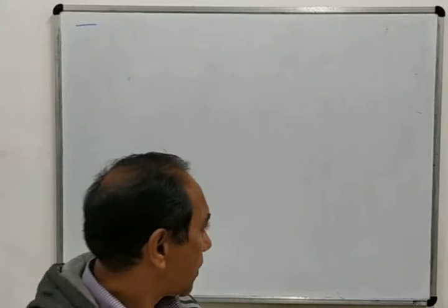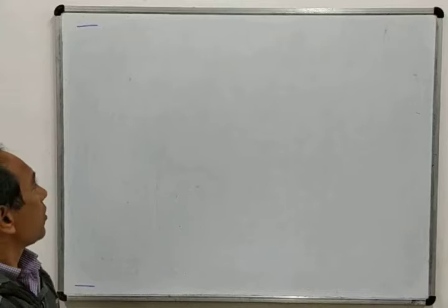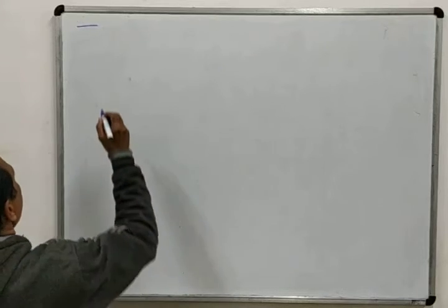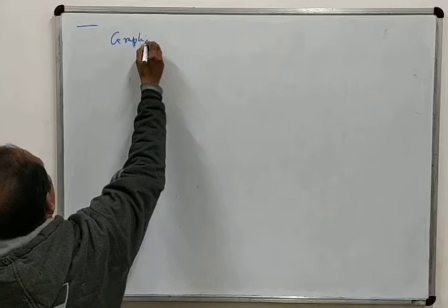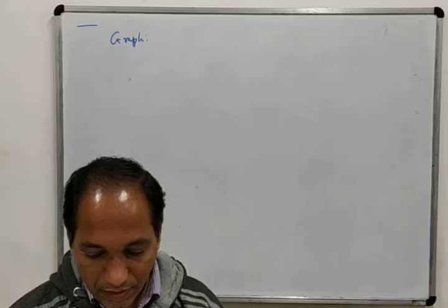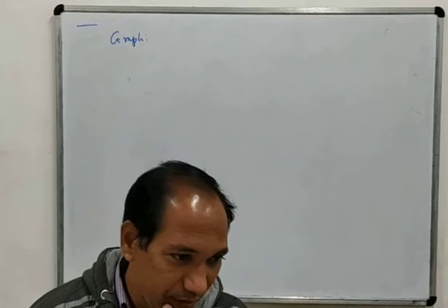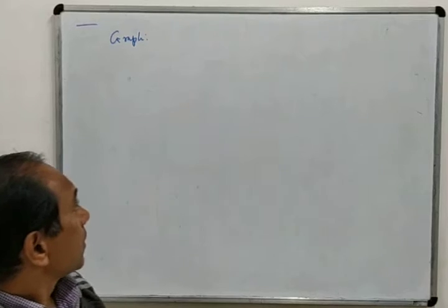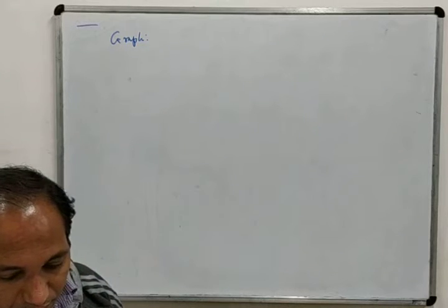So students, in the last lecture, in the chapter of graph theory, we have seen the definition of a graph. There we have seen the concept of a graph, how it has arisen, and then we have seen that the graph G consists of a vertex set and an edge set.